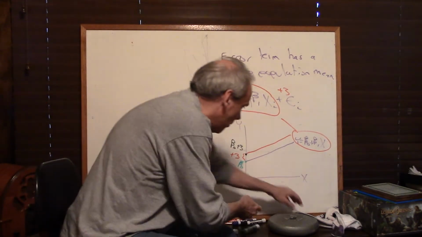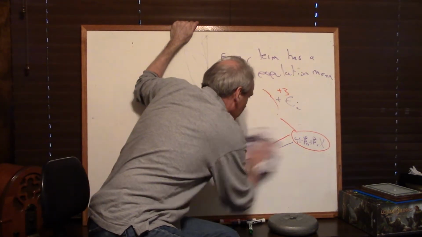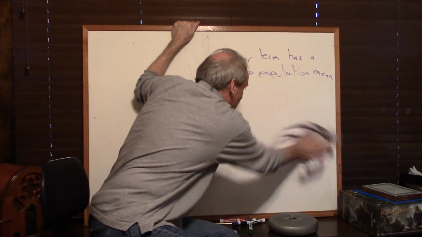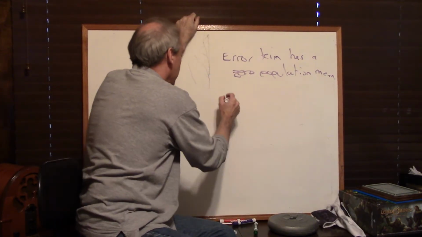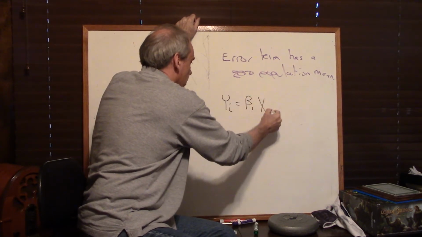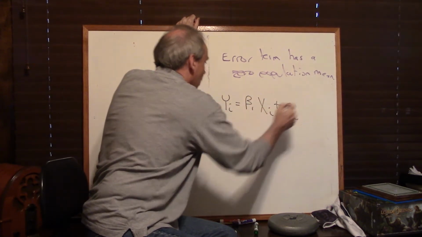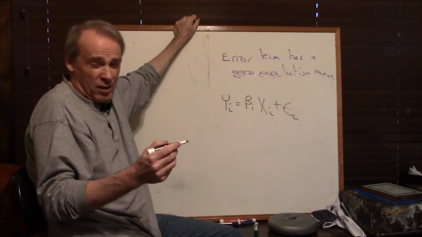All right, so now it's possible to tell the computer to run a regression without an intercept, which really means the intercept is 0, right?